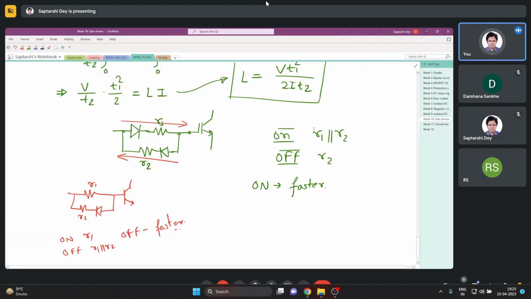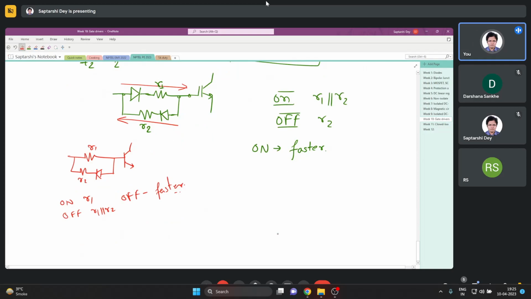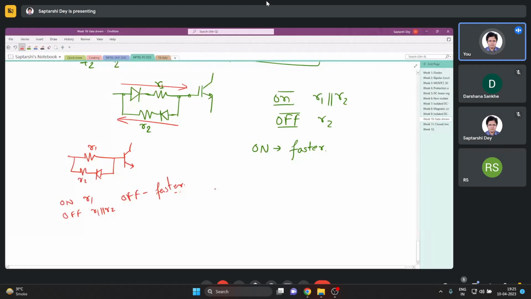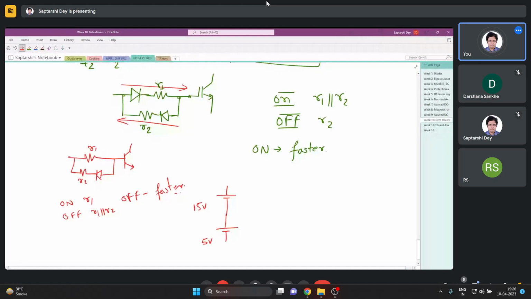Many times we realize faster turn off by using totem poles in this fashion. You have two sources, which are realized in several ways, say one 15 volt and one 5 volt.